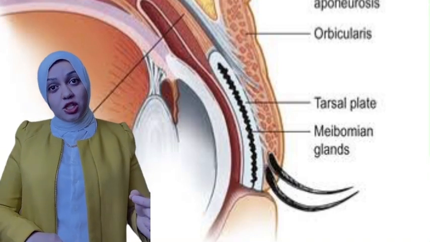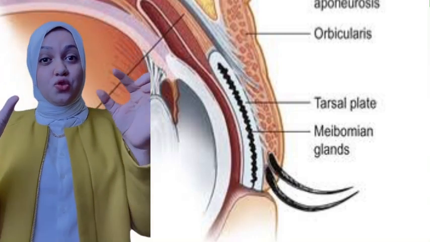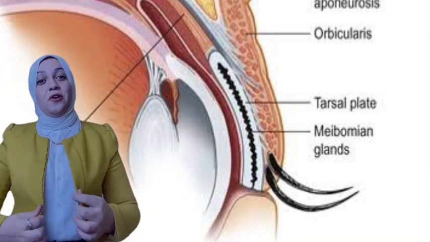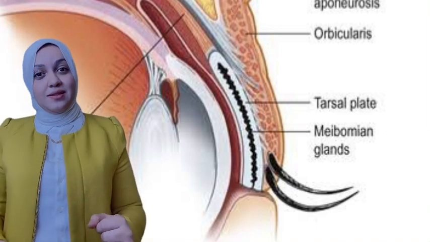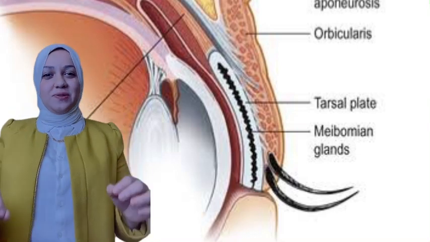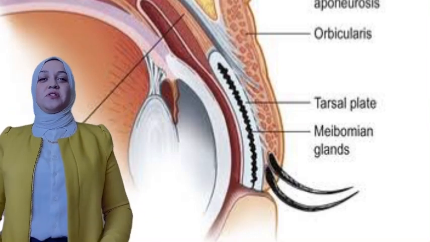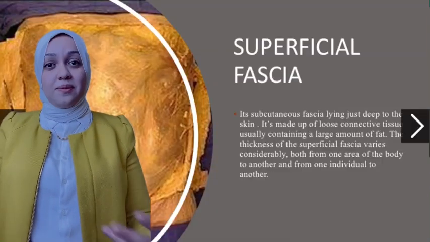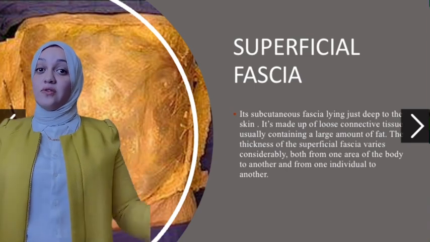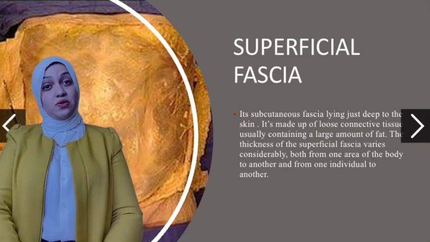Can you imagine a person that has fatty tissue stored in his eyelids, so that whenever we get fat or obese, we just can't open our eyes and we need to lose weight to be able to wake up in the morning? So obviously this cannot be the case. So the eyelids are devoid of fat or fatty tissue in the superficial fascia.